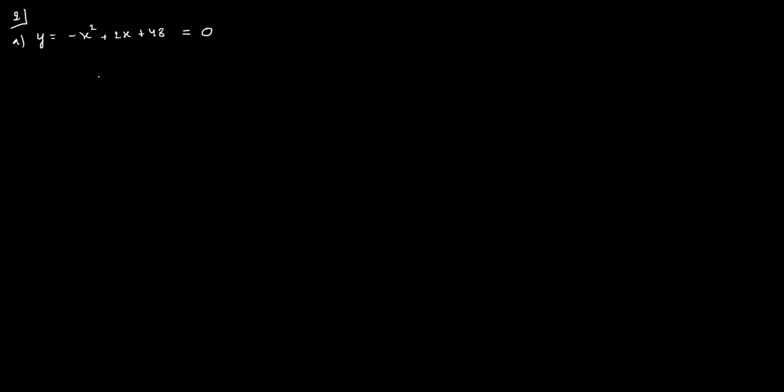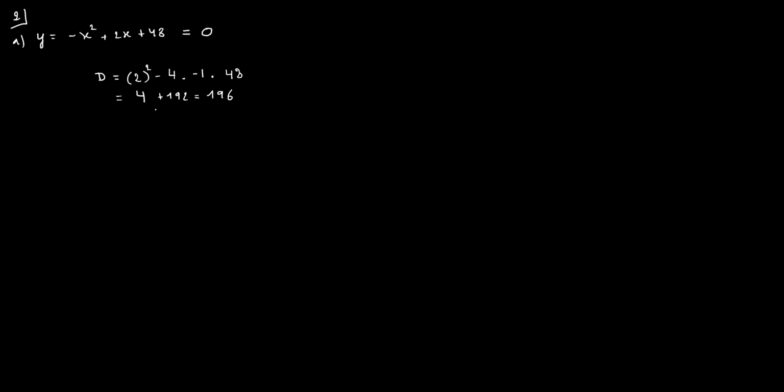And here in this case, you can just try with your discriminant. So let's have a look. Our discriminant: 2 to the power of 2 minus 4 times minus 1 times 48. So in that case, we get 4, and then we get 192. So 4 plus 192 gives you 196.